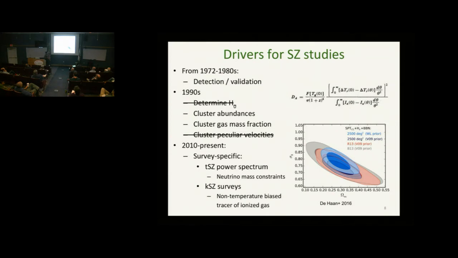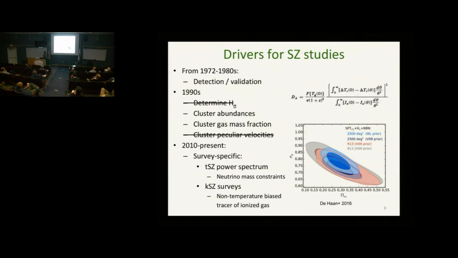Then, as we look more towards the present, we now have SZ survey instruments, which aren't just getting galaxy cluster counts, but also power spectra due to the thermal SZ effect. And that can constrain neutrino masses.